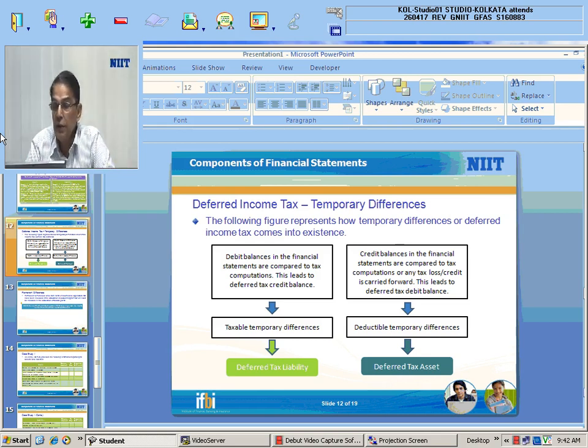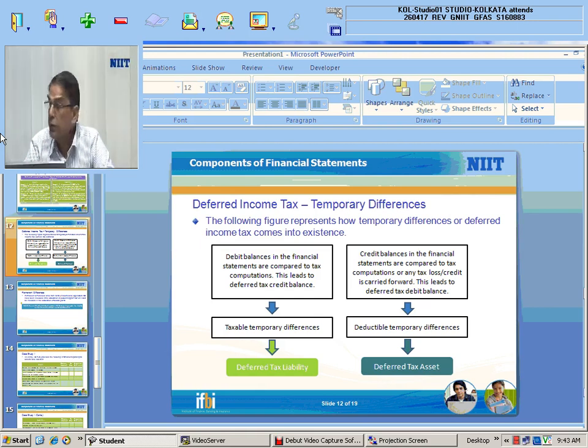Similarly, credit balances in the financial statements are compared to tax computations, or any tax loss or credit is carried forward. This leads to a deferred tax debit balance, which is on account of deductible temporary difference, and we get deferred tax asset.